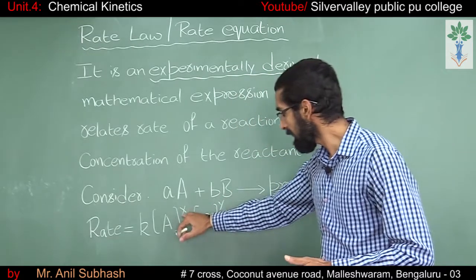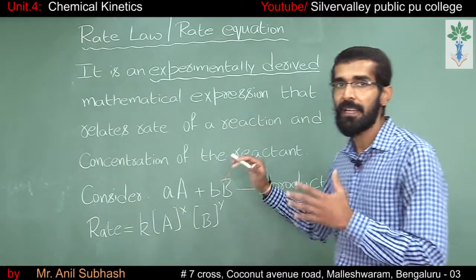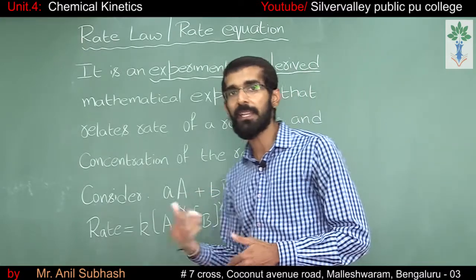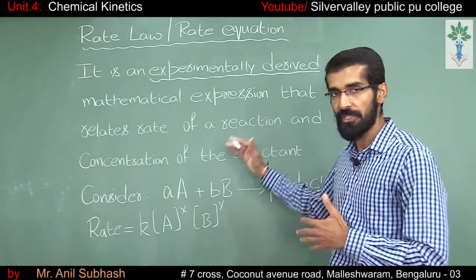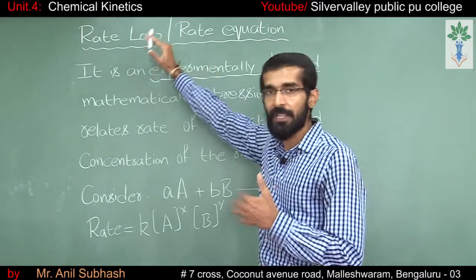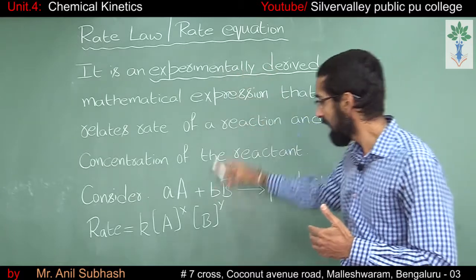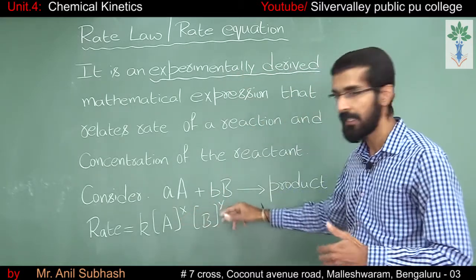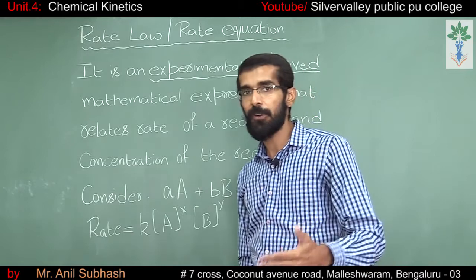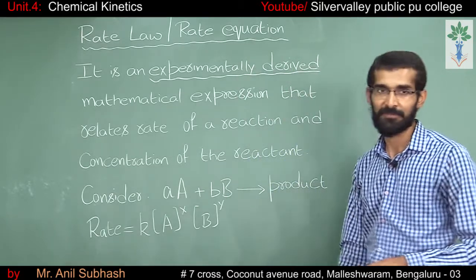Here x and y are experimentally determined exponents. As I mentioned earlier, to derive the rate law you are supposed to first perform an experiment, and x and y are obtained after performing the experiment.